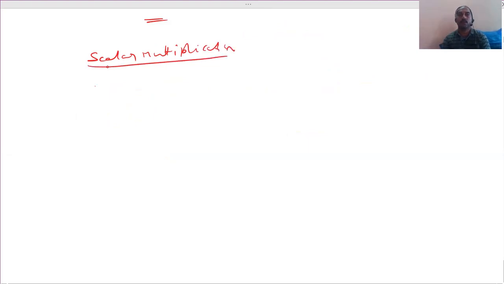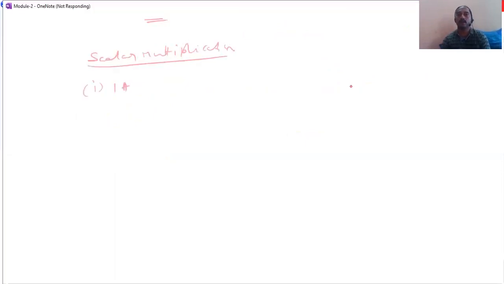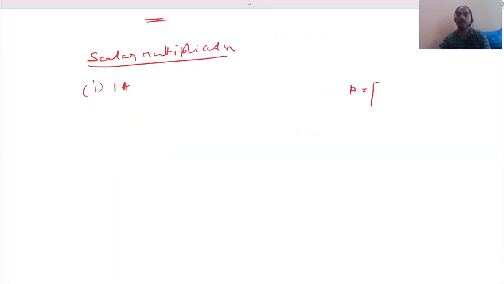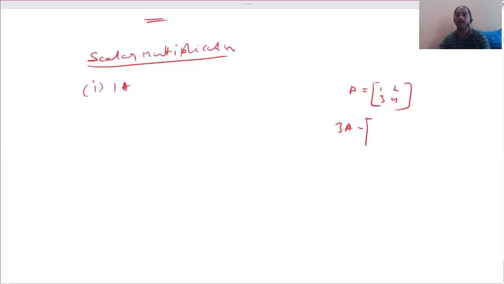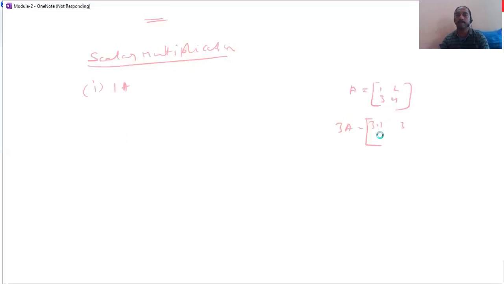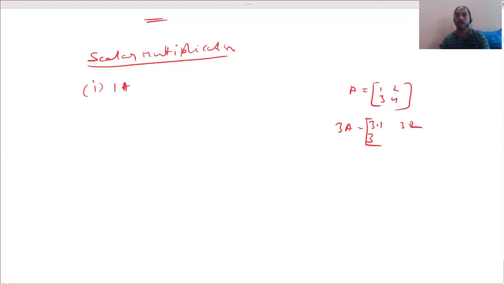The first property is 1 into matrix A. Already you know from elementary classes, A equals 1, 2, 3, 4. 3A means multiply each component by 3: 3 into 1, 3 into 2, 3 into 3, 3 into 4.